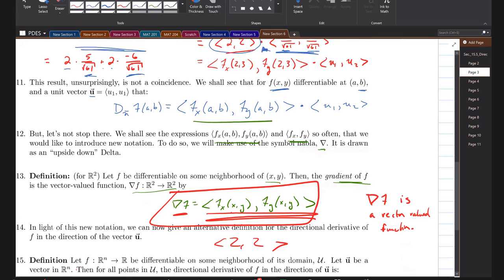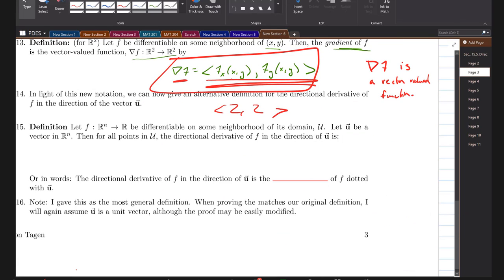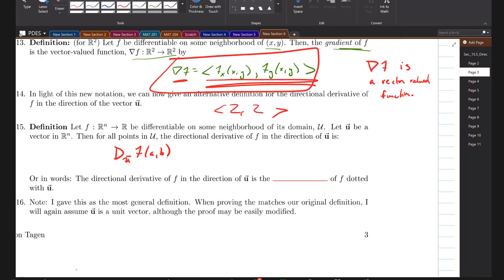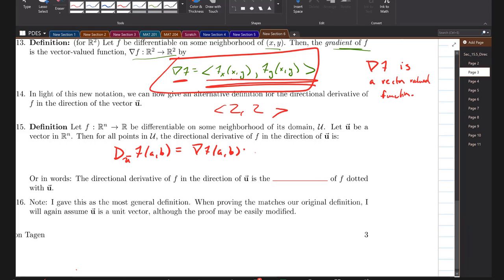So let's jump into this part right here. Another way we can give the definition of our directional derivative then is that Du of f of (a, b) is equal to the gradient of f evaluated at (a, b) dotted with the directional vector u.